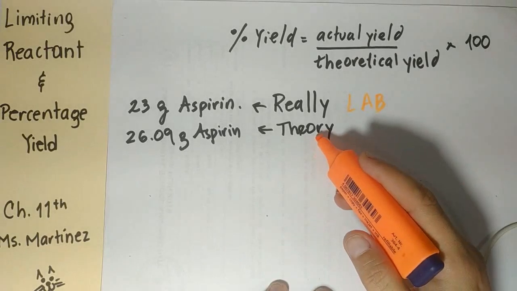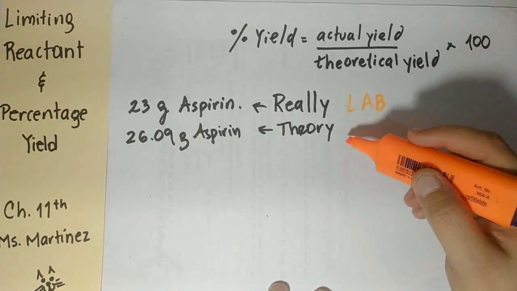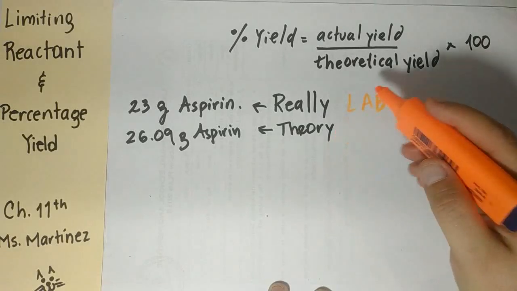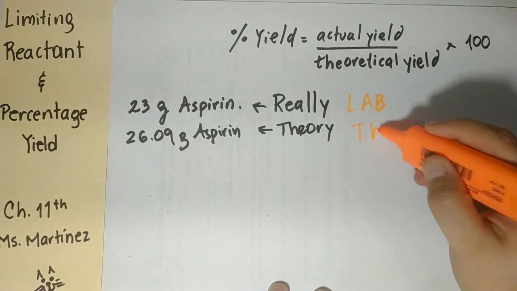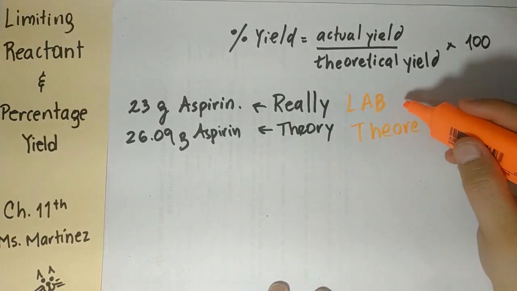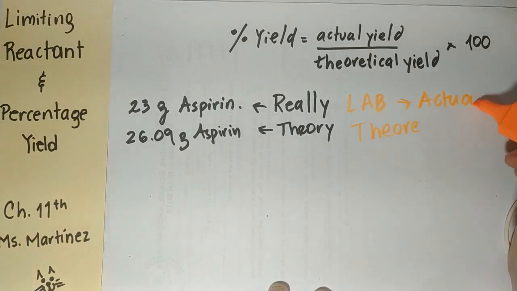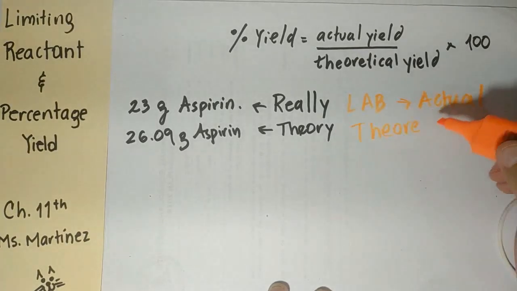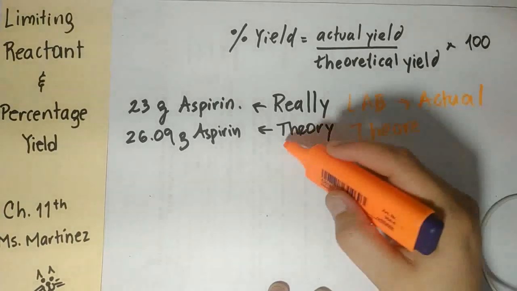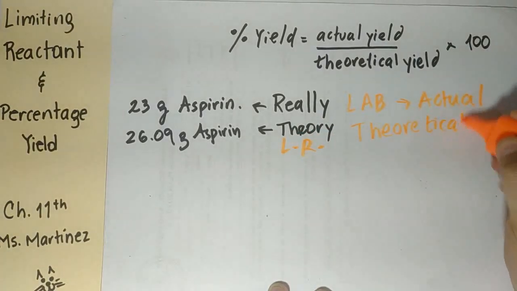The theory in this case will be all the calculations that you do on paper, and we're going to call this the theoretical yield. So the lab is the actual yield, and the theory, what you got from the limiting reactant, tells you the theoretical yield.